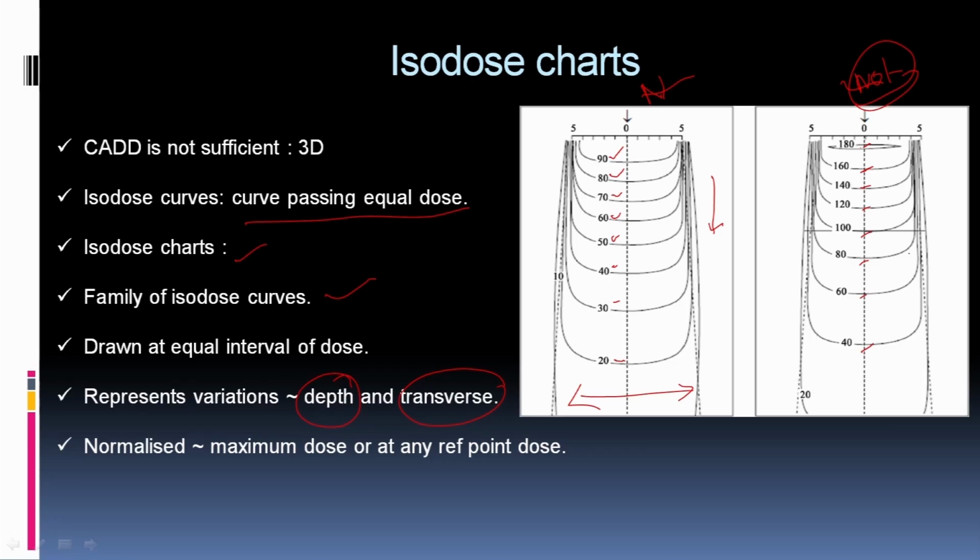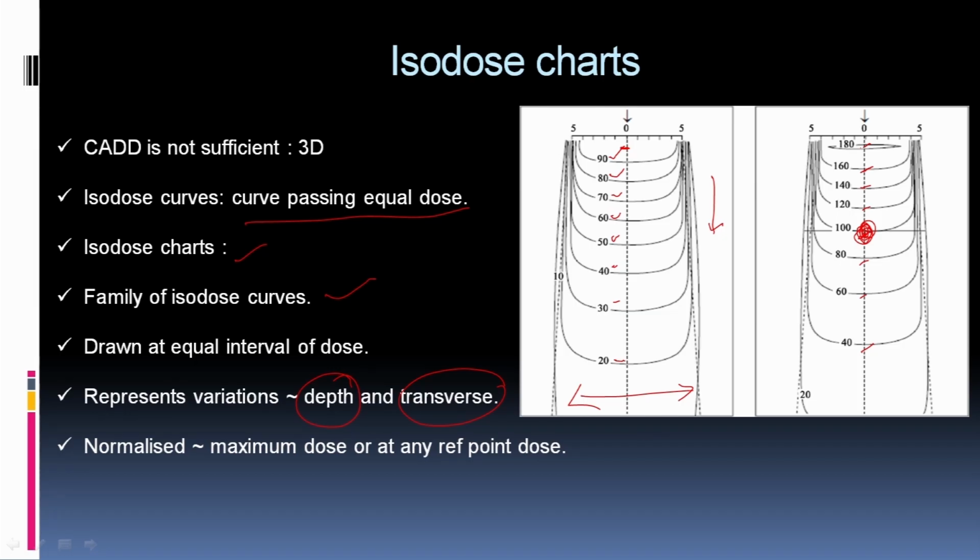Now in the normalized curve we normalize this point, any dose, we just normalize to 100. Here this curve is normalized at dose maximum. So maximum is 100 and the rest are 90, 80, 70 and all these are in lesser percentage.